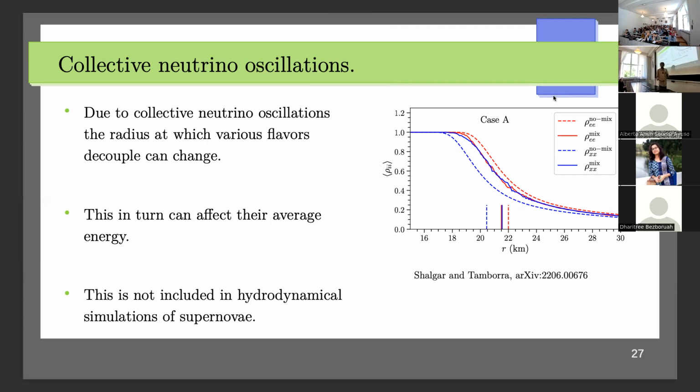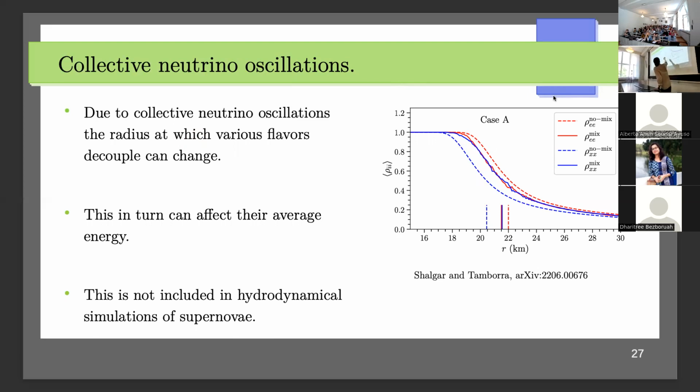If we take into account the fact that as the decoupling process occurs, the neutrinos are changing flavor, then what we see is something very interesting. So these dashed lines, the red and the blue dashed lines, show a calculation in which the decoupling phenomenon is calculated, assuming there is no flavor evolution.